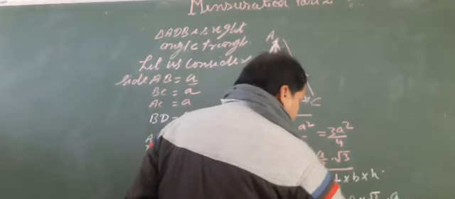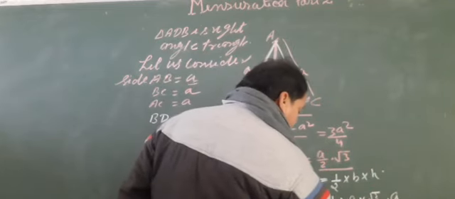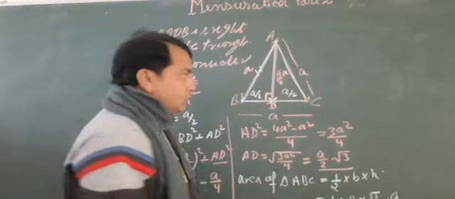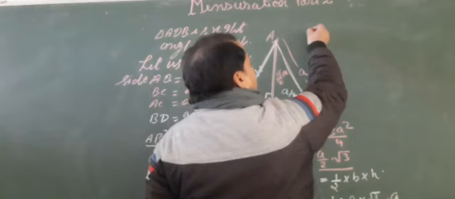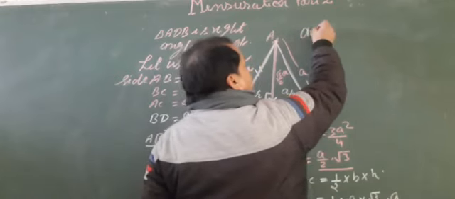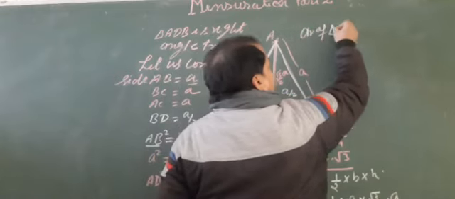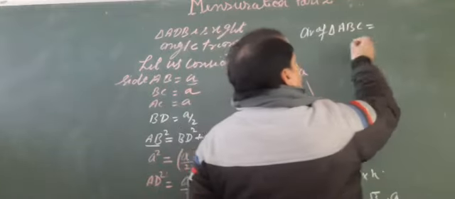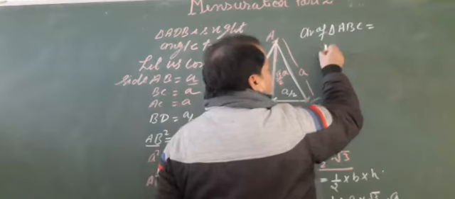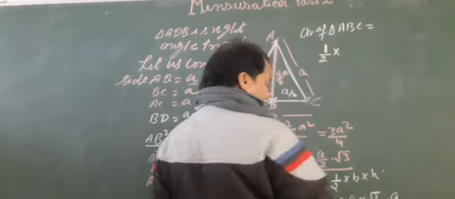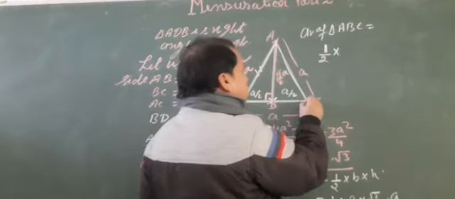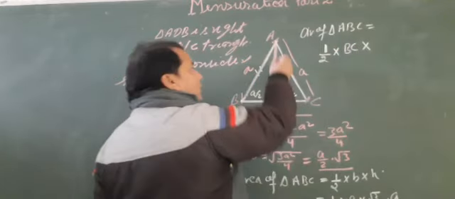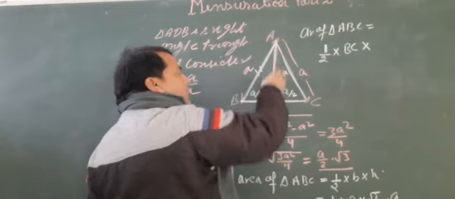Then A into A square root 3 by 2 into 2. Area of triangle ABC equal to 1 by 2 base BC into perpendicular height AD.